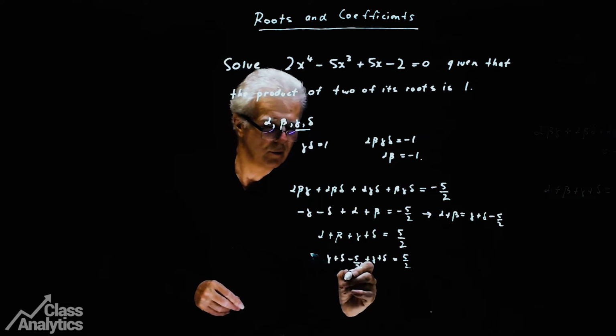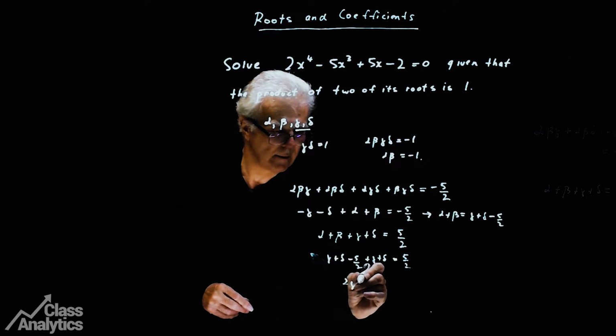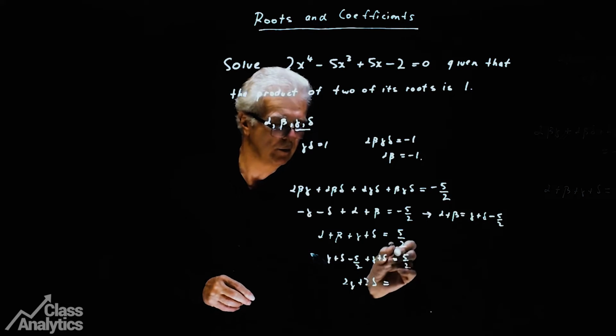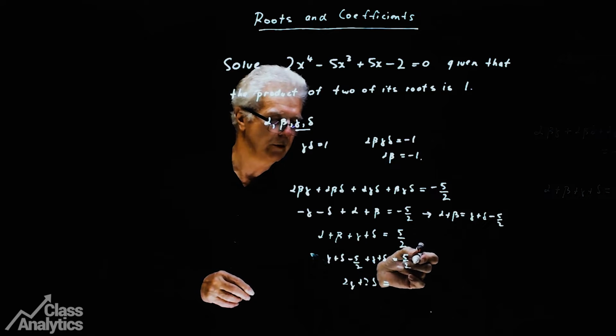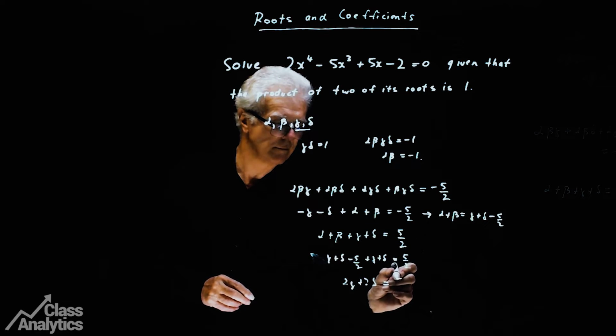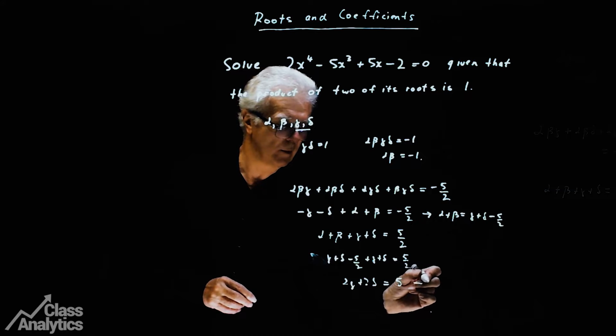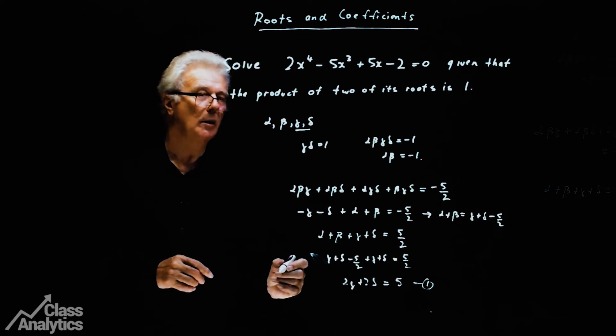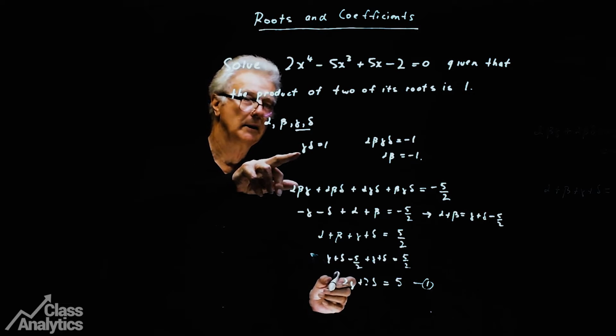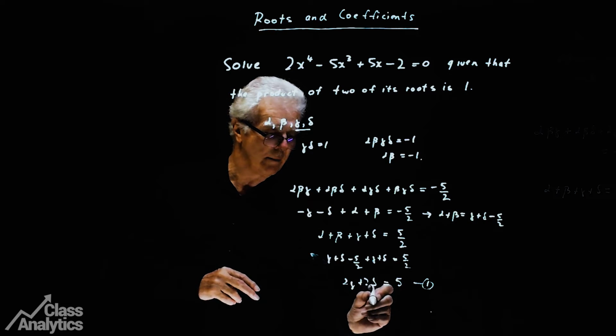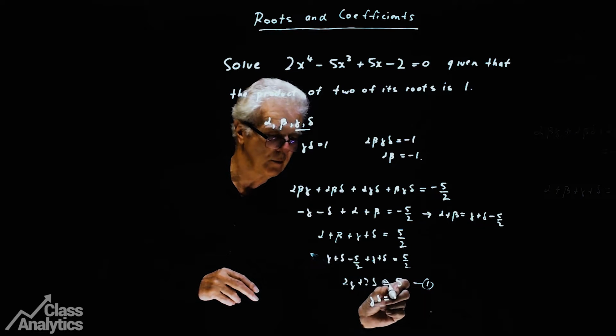So that means that 2 gamma plus 2 delta must be equal to 5. And we've got that little equation. But don't forget, we've also got back here that gamma delta equals 1.